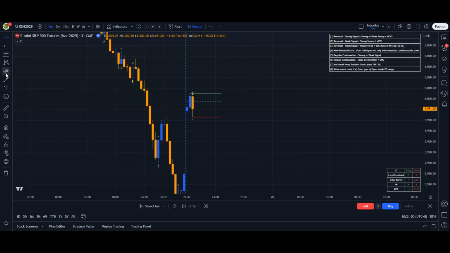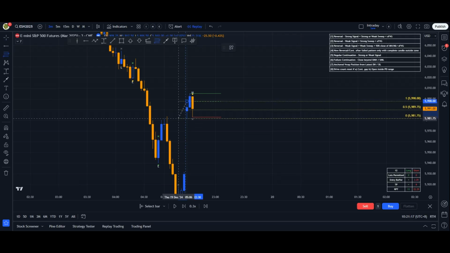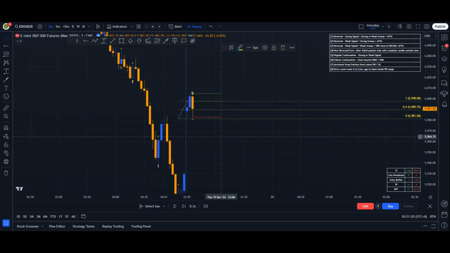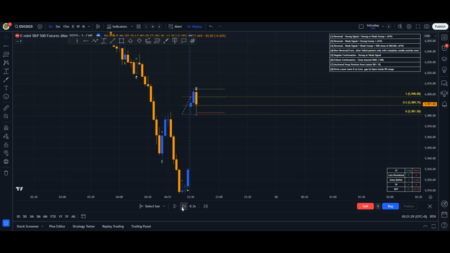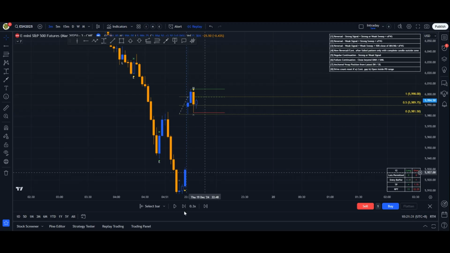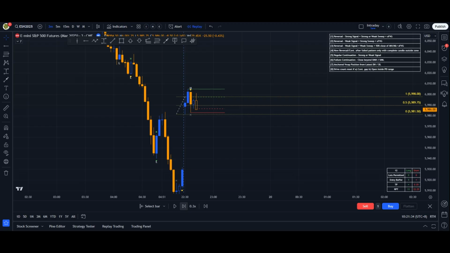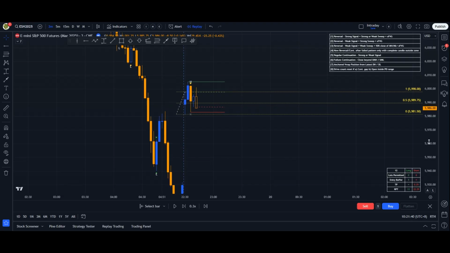So if I look at this one, currently after this bar was printed, my 50% rule was not satisfied. So I continued, and at this point, the rule was satisfied.